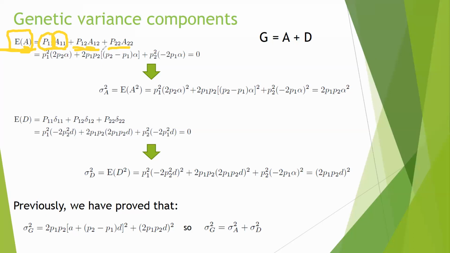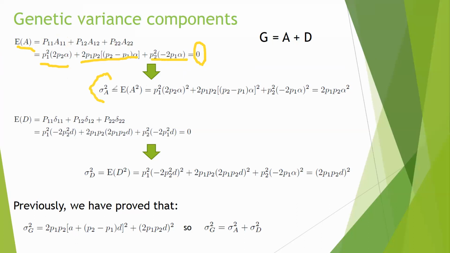If you follow the formula, we can easily prove this equals 0. The expected breeding value equals 0.